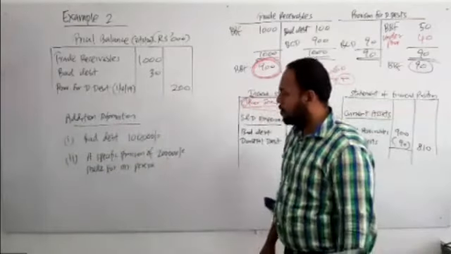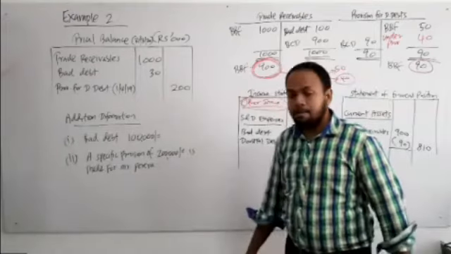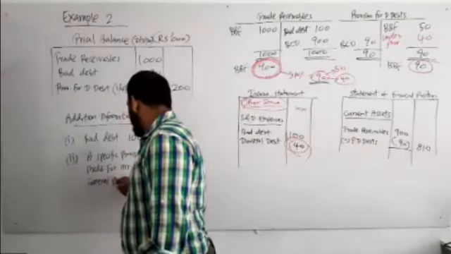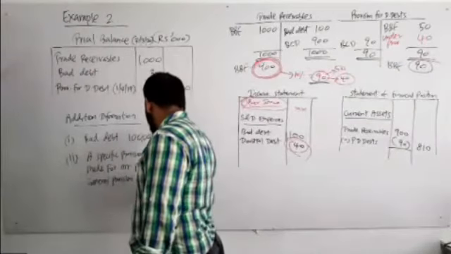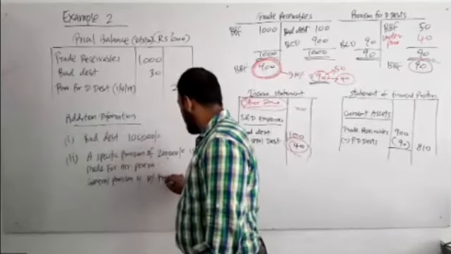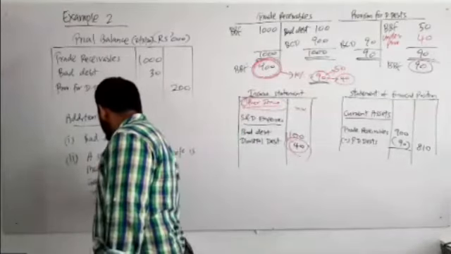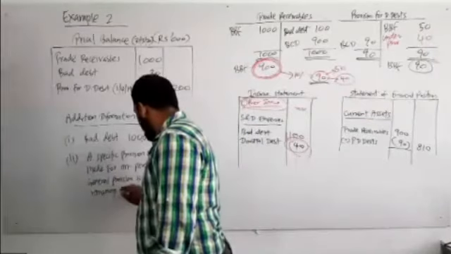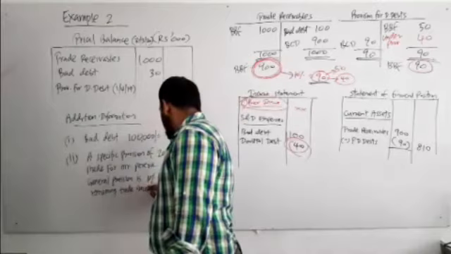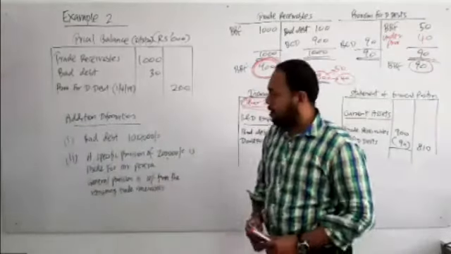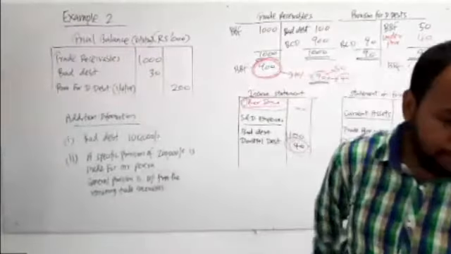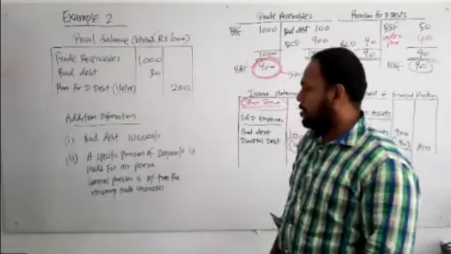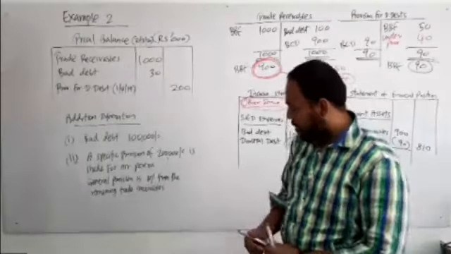Number 2, a specific provision of 200,000 is made for Mr. Pereira, and the general provision is 10%.